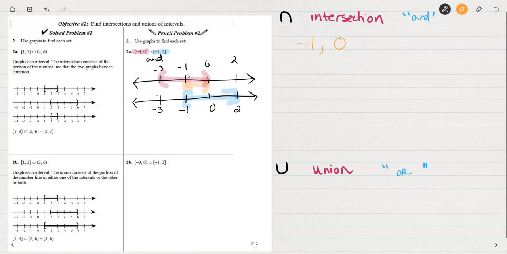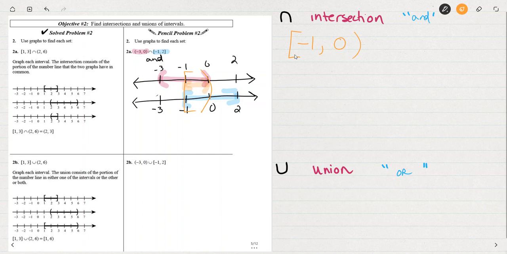Notice that the -1 is included. It's both in the pink and the blue. But the 0 is not included in the pink. We stop at the 0.